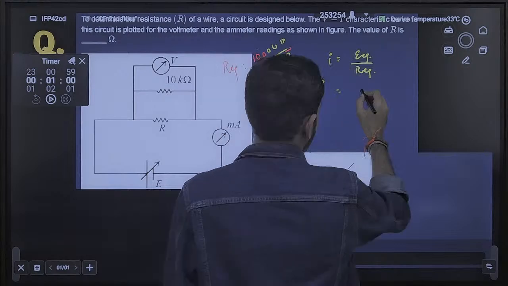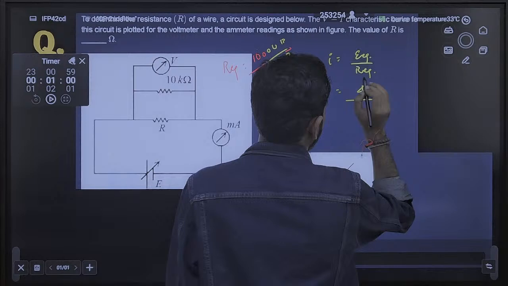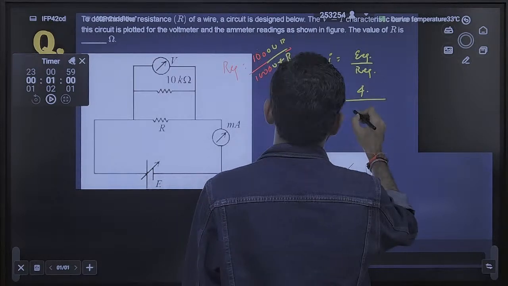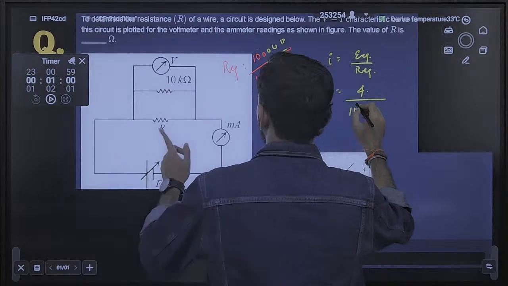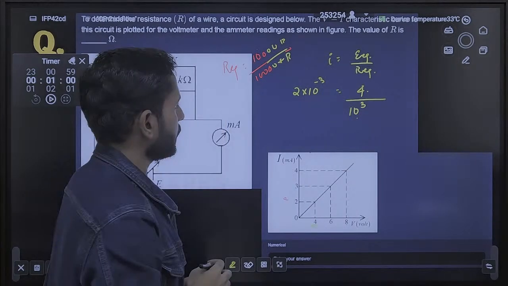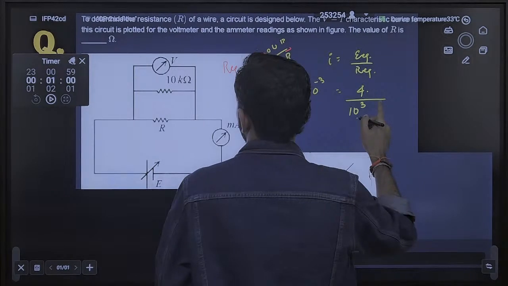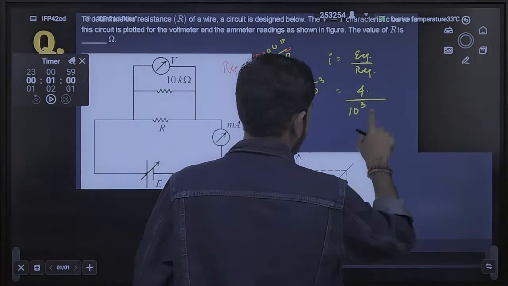E equivalent at this moment is 4 volts divided by R equivalent. How much R equivalent are you writing here? It is 10 kilo, that is 10 power 3, 10 kilo volt, that means 10 into 10 power 3, that is eventually 10 power 4.